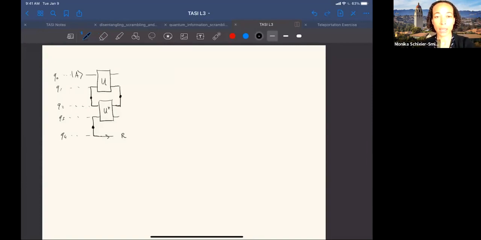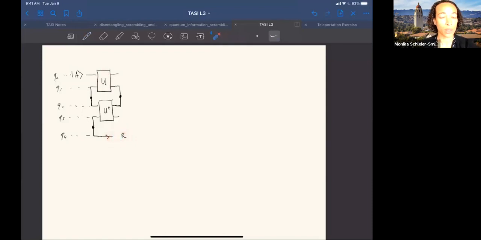Generically, it's not certain that that's the measurement outcome he will get. But if this is a scrambling unitary, then with high probability, Alice's qubit is going to end up being teleported to here.